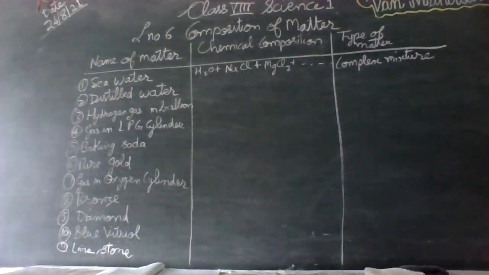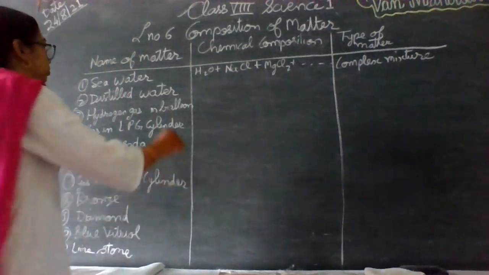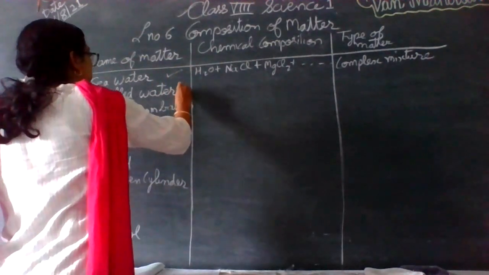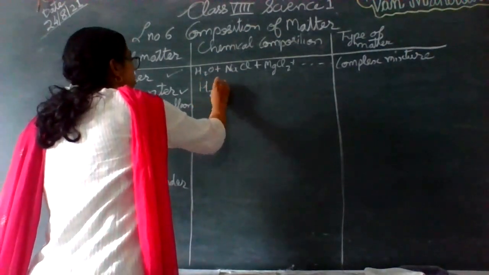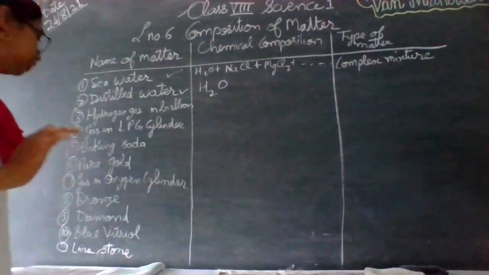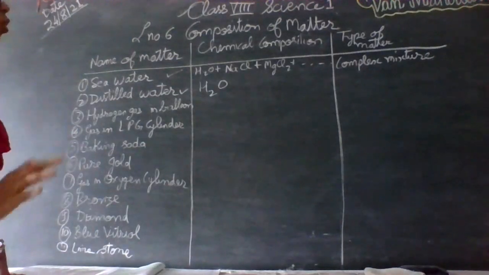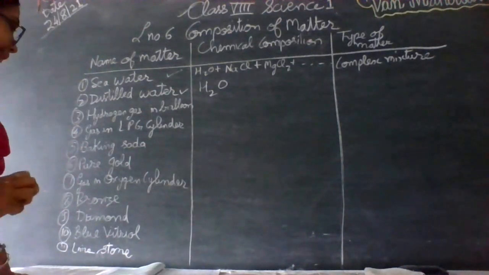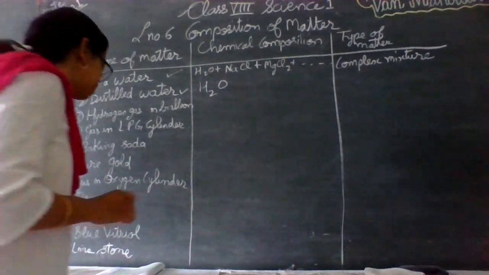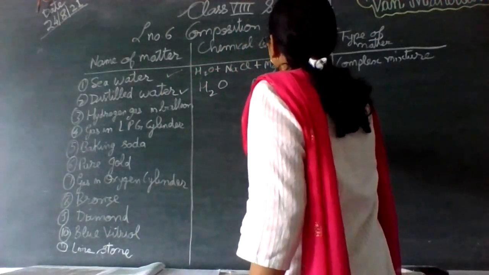On the other hand, if we consider distilled water, the second one, distilled water means pure form of water. Nothing is mixed in it. So only H2O molecules you are going to get in distilled water. It is a pure substance, only water molecules will be seen.